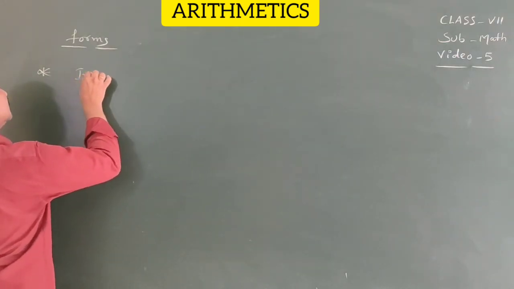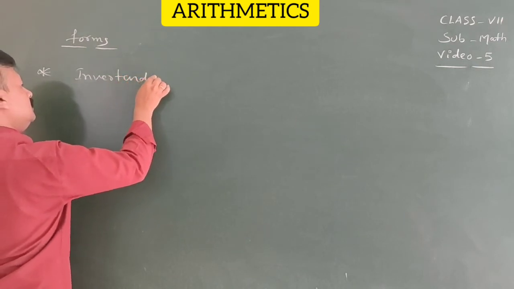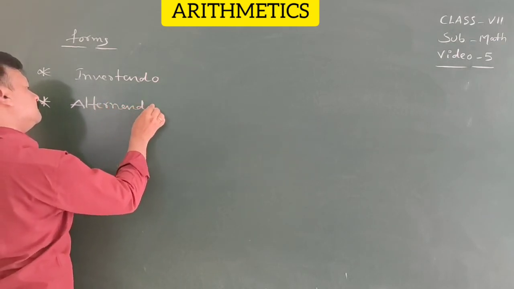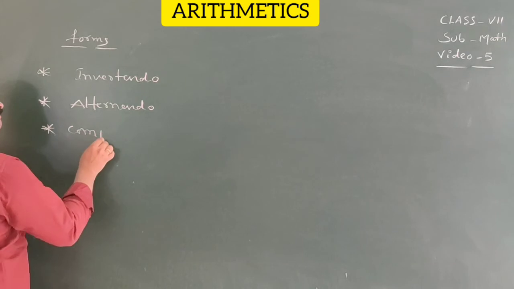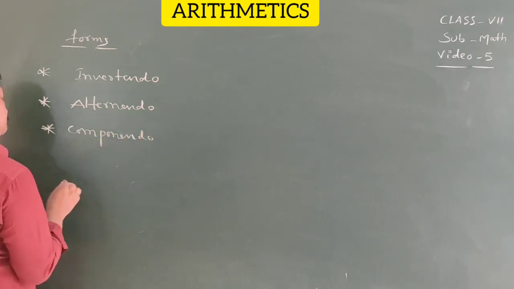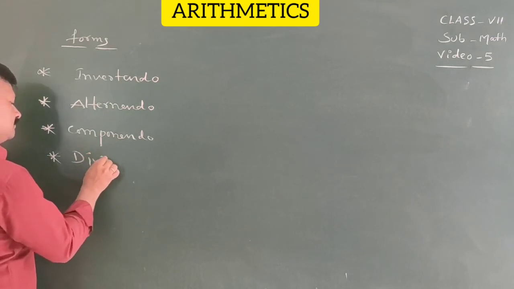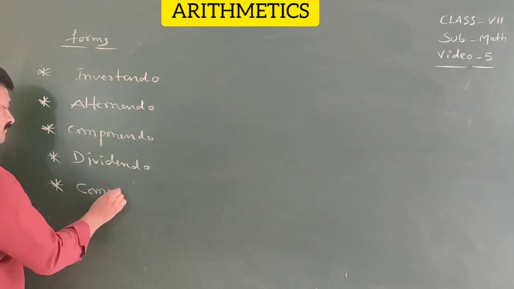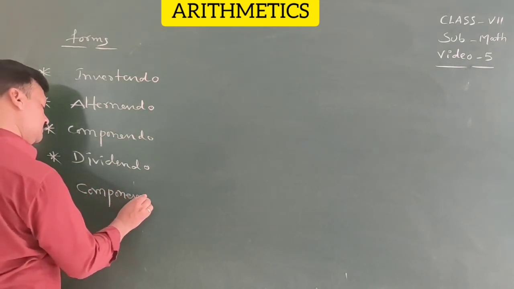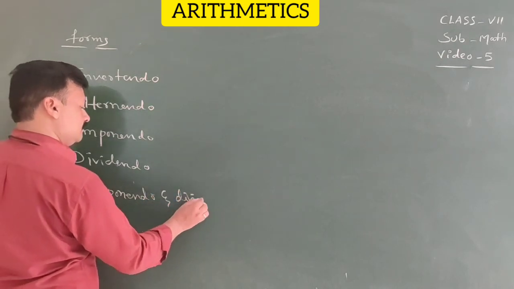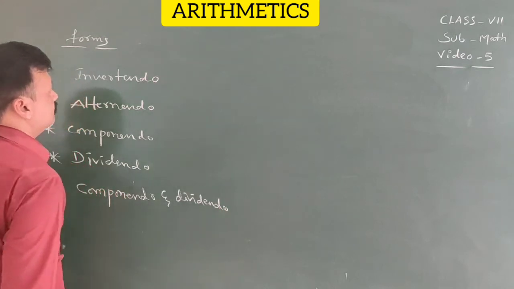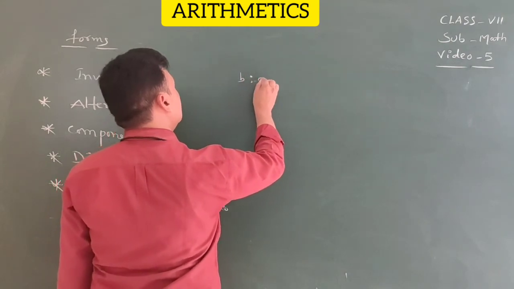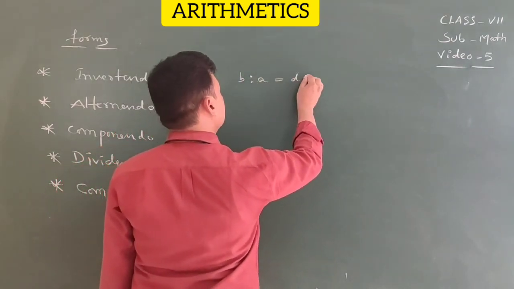Here for ABCD: invertendo, alternando, componendo, dividendo, componendo and dividendo. Here, invertendo is B is to A equal to D is to C.